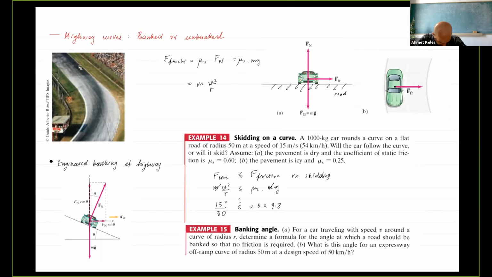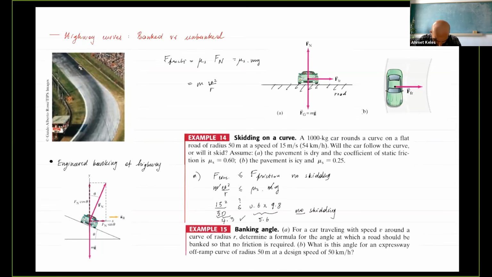On this side, I found 4.5. On this side, I found 5.6. So this actually checks, so there's no skidding. Okay, so this is A.